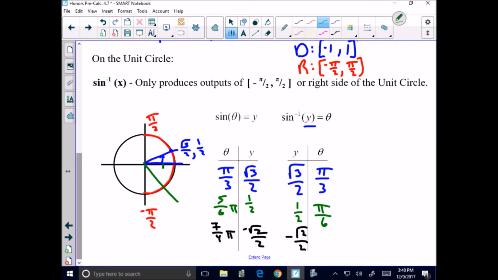And that least amount of rotation is a rotation into the fourth quadrant, where of course we have the ordered pair square root of 2 over 2 for the x and negative square root of 2 over 2 for the y. That amount of rotation, as a rotation down into the fourth quadrant, is negative pi over 4. So not 7/4 pi, but negative pi over 4. So that's how we're going to evaluate inverse sine.